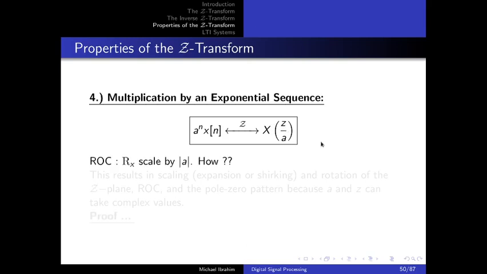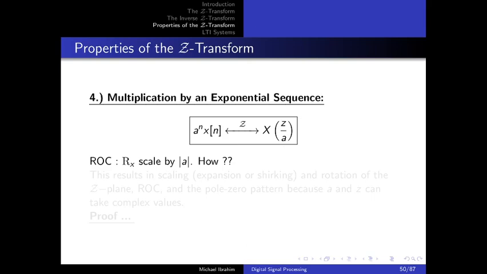And the region of convergence would be scaled by modulus a. So if the region of convergence is, let's say, modulus z larger than 1, you would replace z by z over a. So the new ROC would be modulus z over a larger than 1, which is modulus z larger than modulus a.